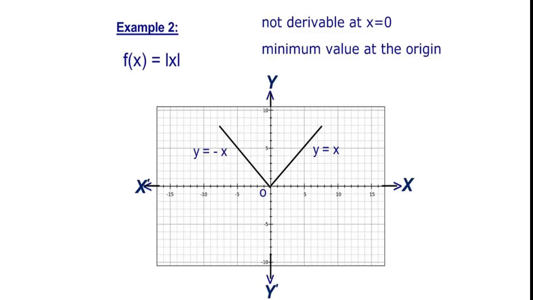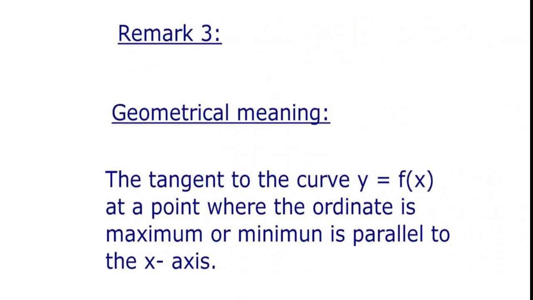Now, let us interpret the theorem geometrically. So, geometrically, the theorem can be interpreted as follows: the tangent to the curve y equal to f of x at a point where the ordinate is maximum or minimum is parallel to the x-axis.